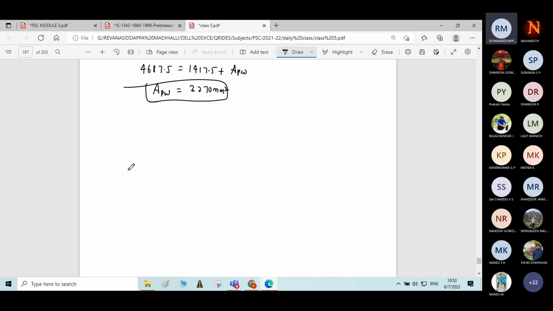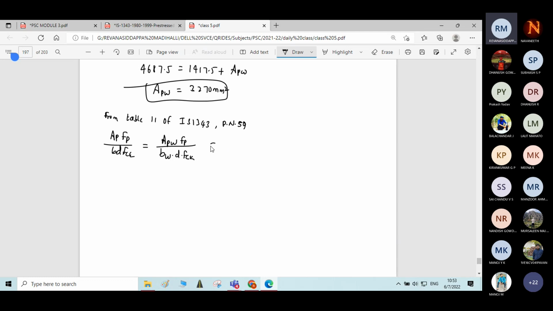Now from table 11 of IS 1343, page number 59, the ratio required is APFP by BDFCK. You have to rewrite it as per the second case. You have assumed the depth of neutral axis lies within the web, then it becomes APW FP divided by BW D into FCK.